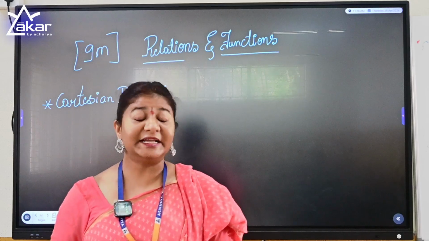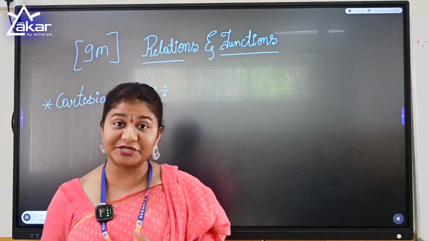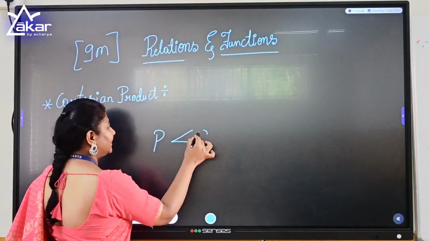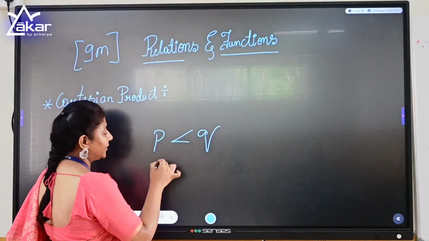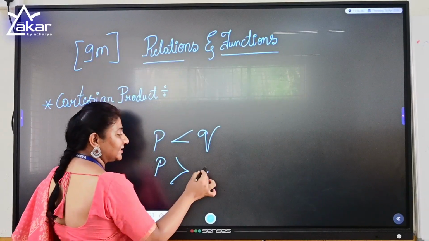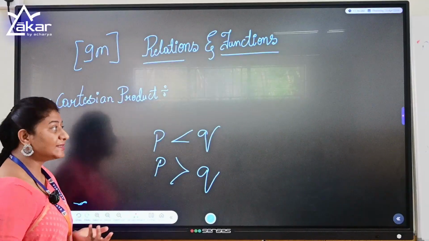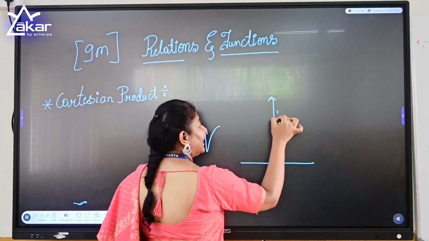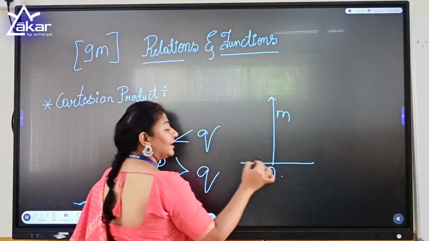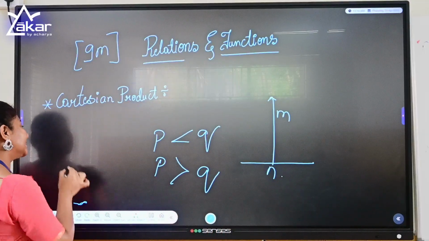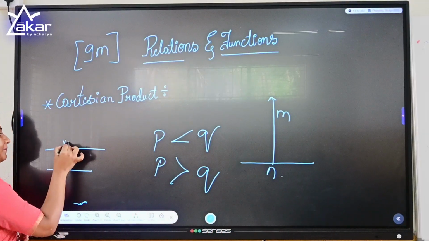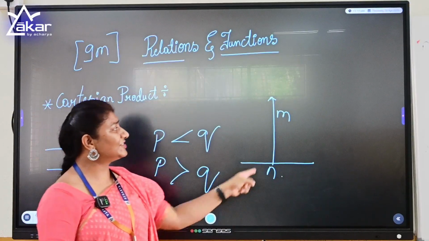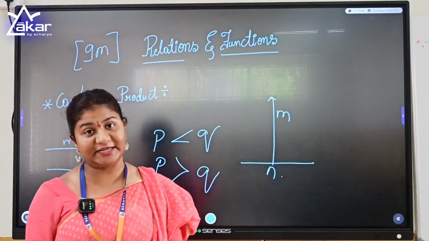Obviously, in maths also we have relations. For example, P is less than Q, or P is greater than Q, or line M is perpendicular to line N, or line M is parallel to line N. Like this, we can find relations everywhere.